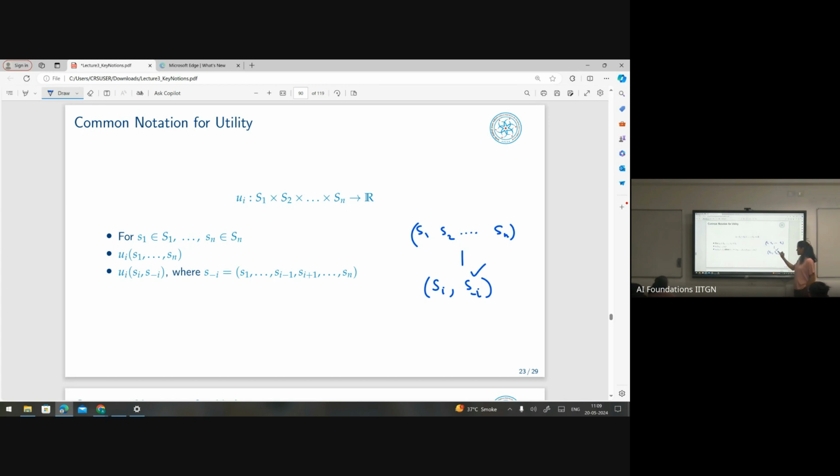So I want to fix everybody else's strategy to s_-i, and I change my strategy and see how my utility changes, which is why I want a notation like this to make things easier for me. So s_-i is all the strategies except i.